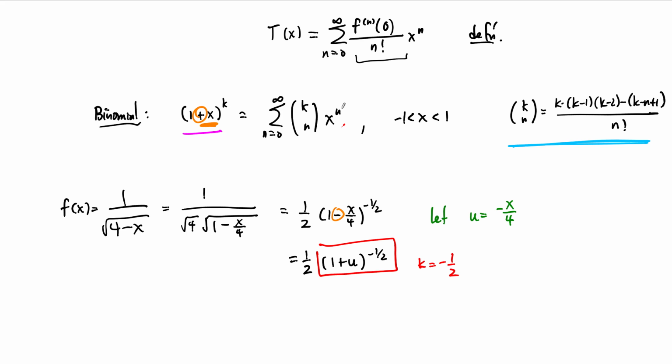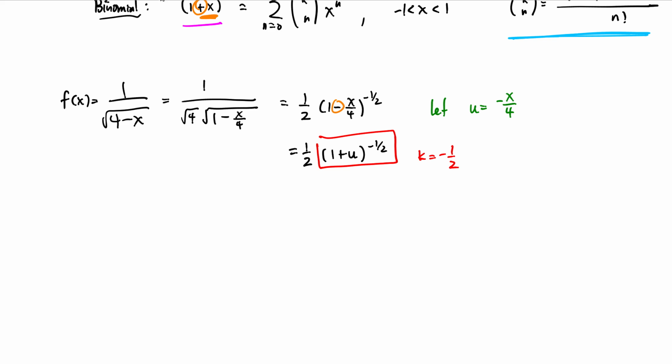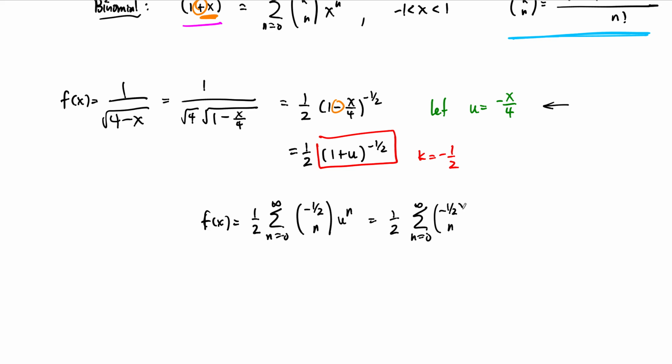We're going to be able to write this down symbolically as the following. Our f of x is equal to 1/2 factored out, sum n goes from 0 to infinity of -1/2 choose n times u to the power n, and then we go back and remember what u is. So this is 1/2, sum n goes from 0 to infinity, -1/2 choose n, of -x over 4 to the power n.